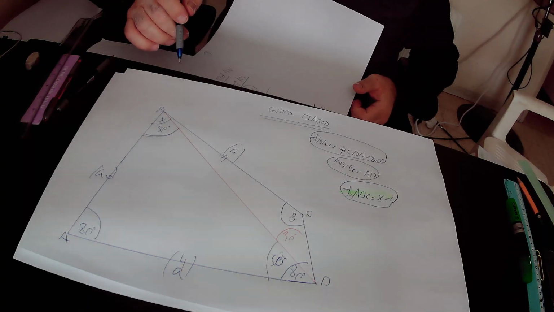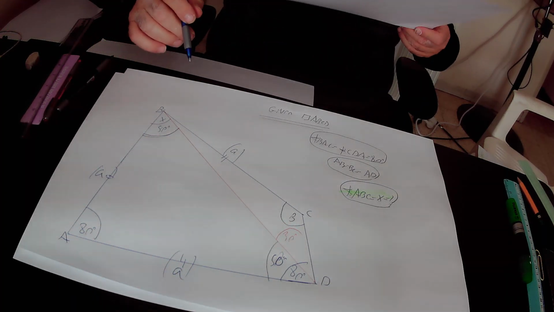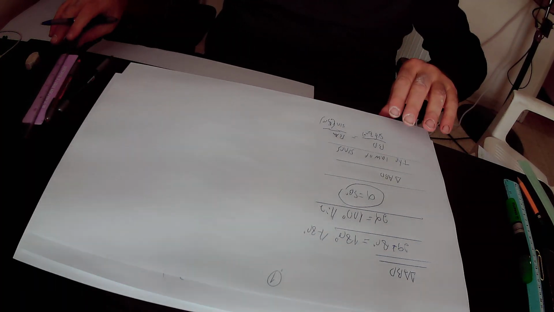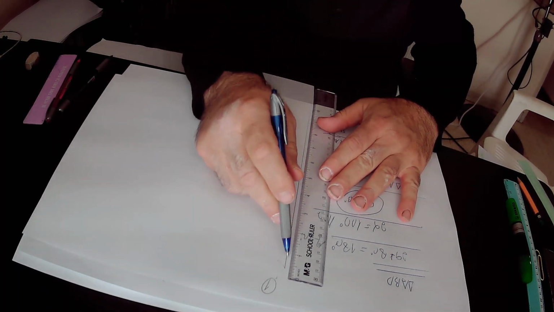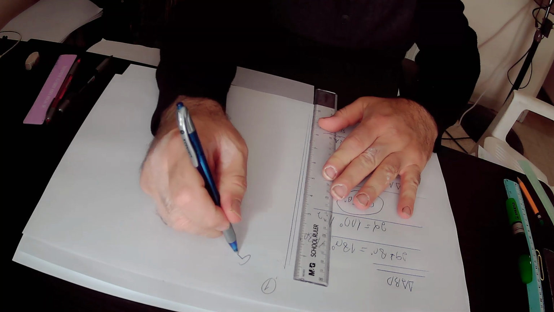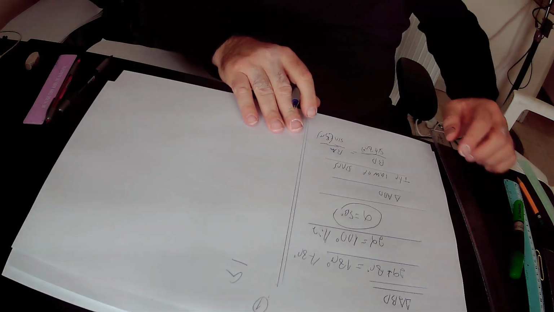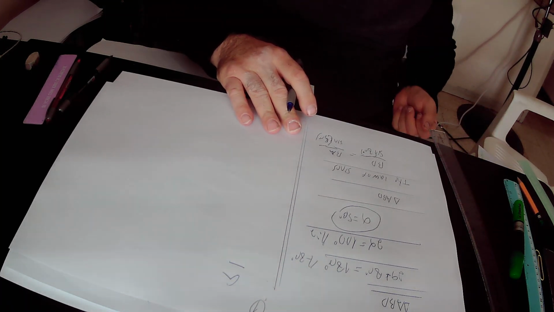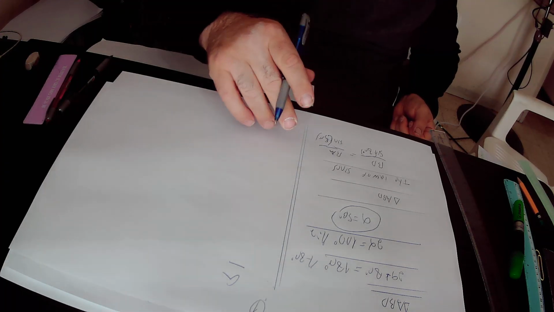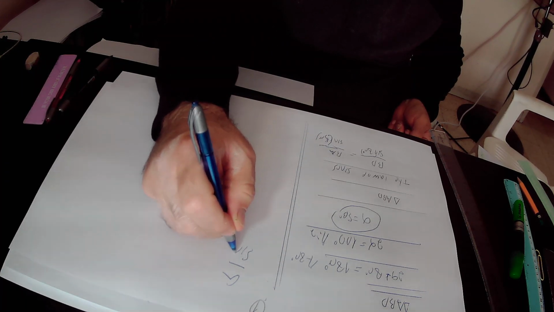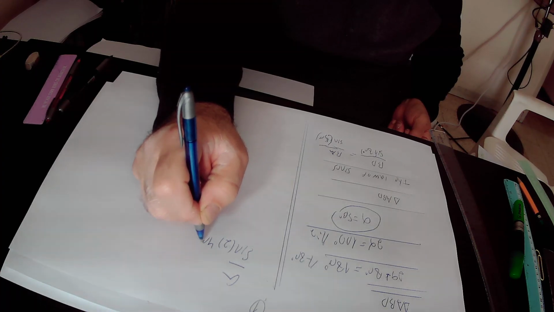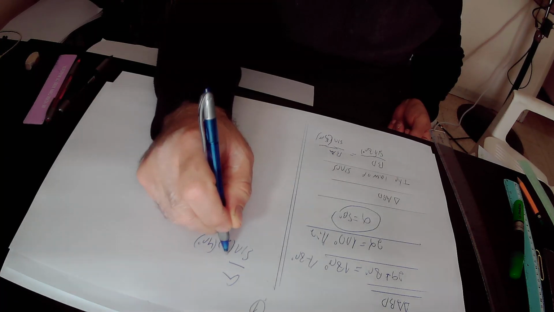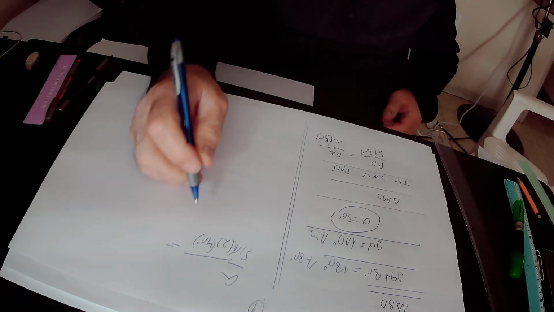And we get that BA is A. Again, we substitute 80 degrees by 2 times 40 degrees, so it is sin of 2 times 40 degrees.